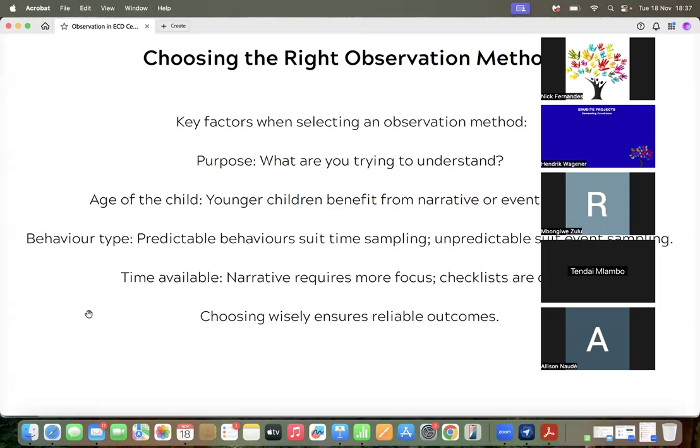And then we have the event method. Event method is, for example, when a child presents a behavioral problem that you are investigating. If the child bites another child on the playground, you would note that as an event and keep it with you. If the event happens again, you would note it again.